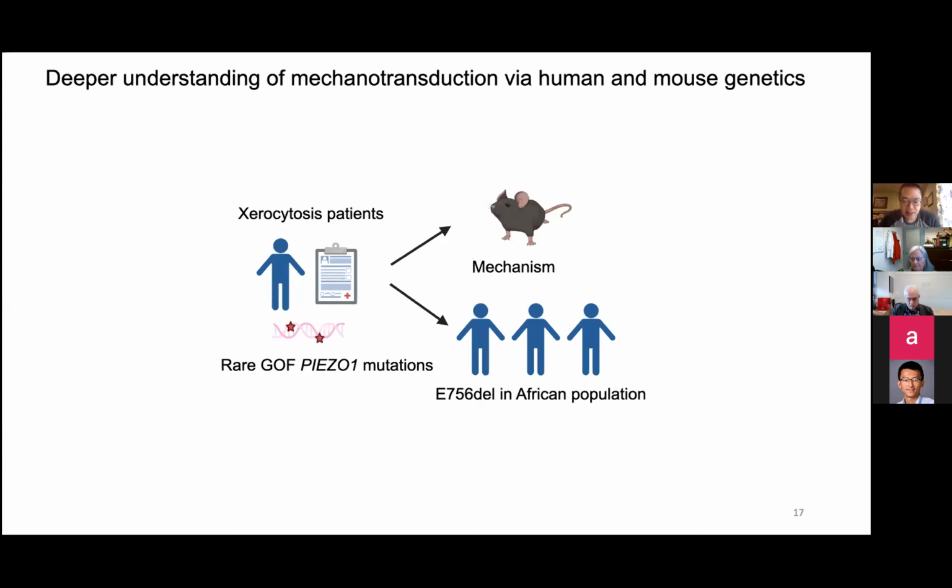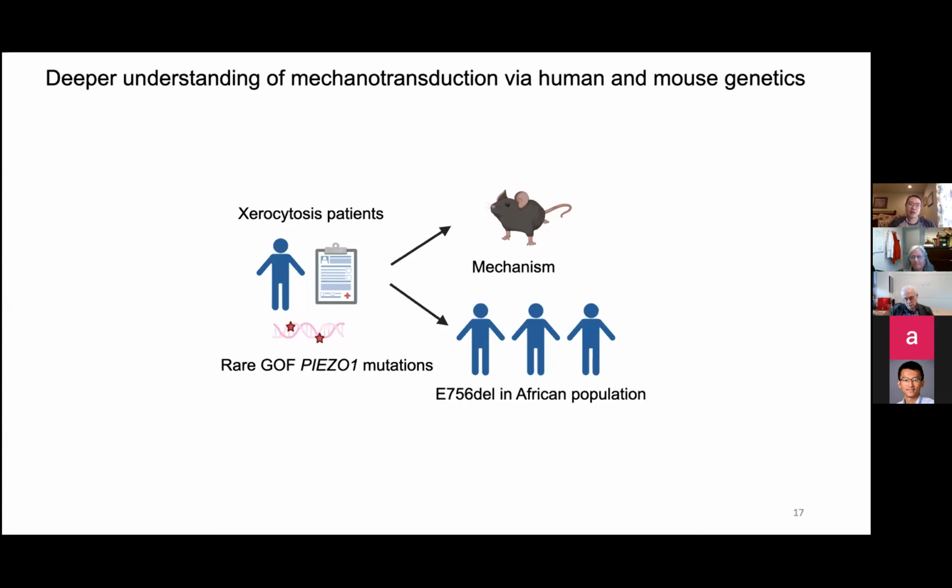To summarize this part, in addition to the importance to malaria and red blood cell disorders, the discovery of this very common gain of function allele in the African population will allow us to have a deeper understanding of mechanotransduction from a human genetics perspective.